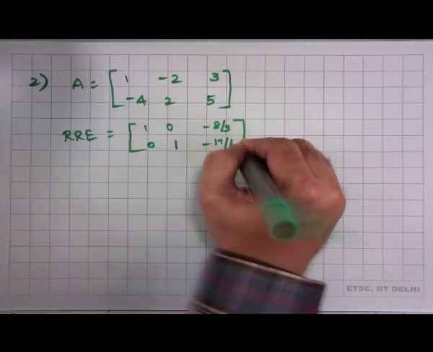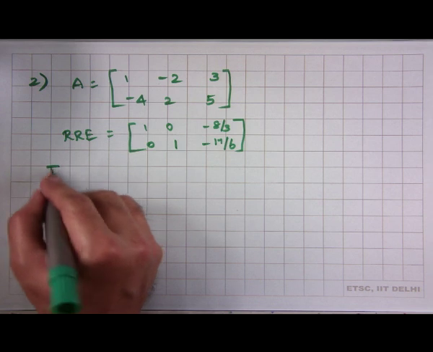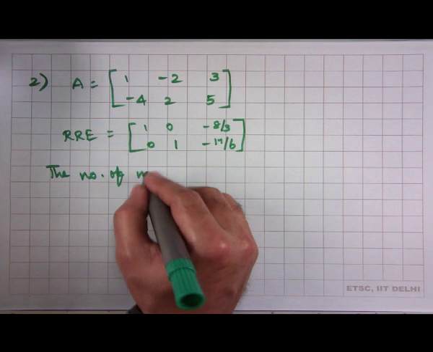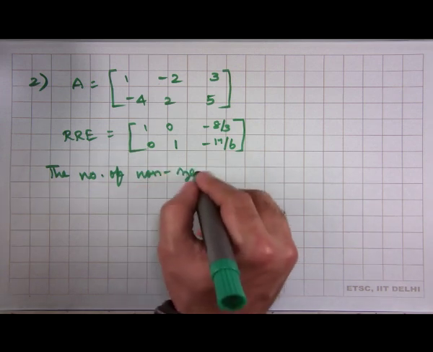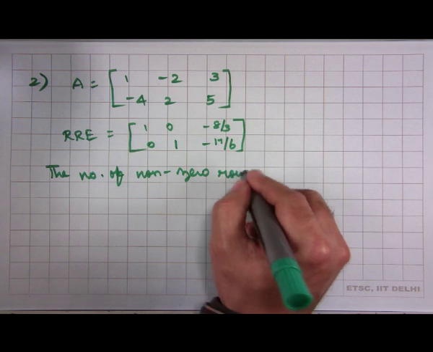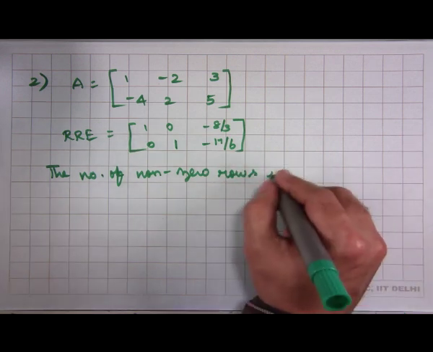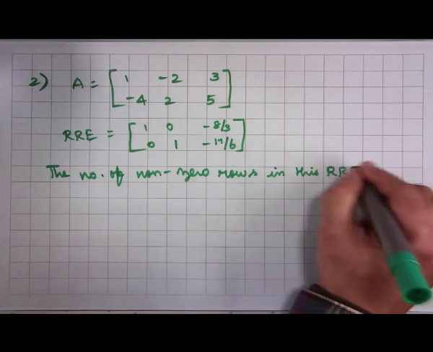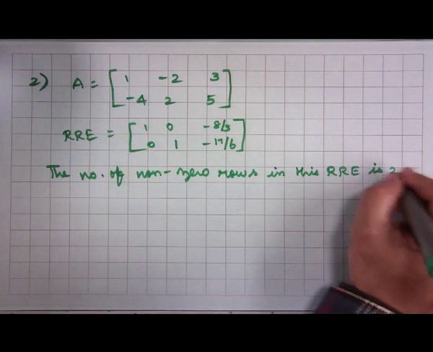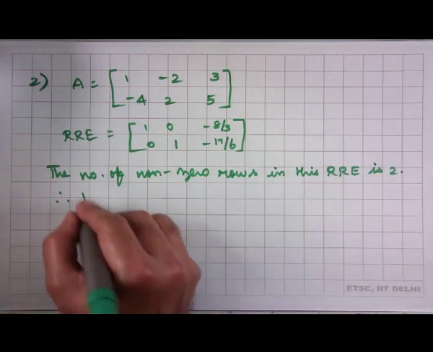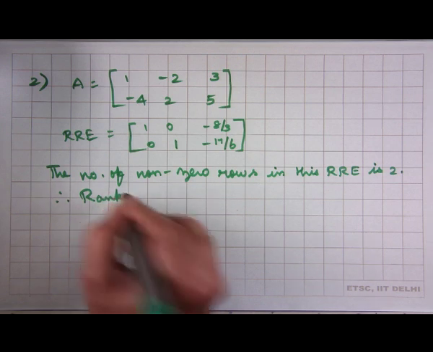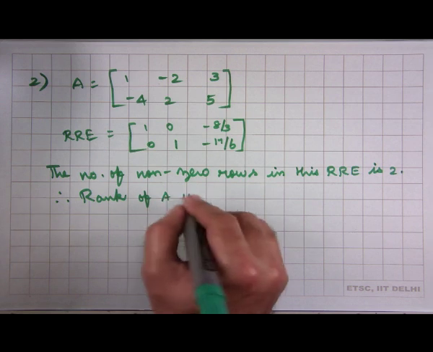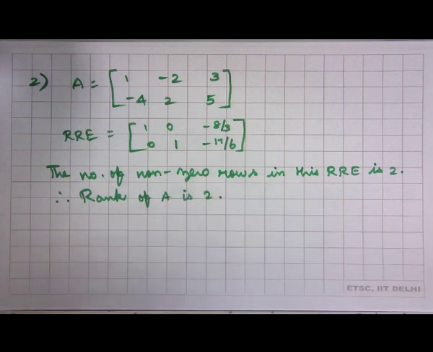This was the RRE that we had. So, the number of non-zero rows in this RRE is 2. Therefore, the rank of A is 2. Now, let us do one more example.